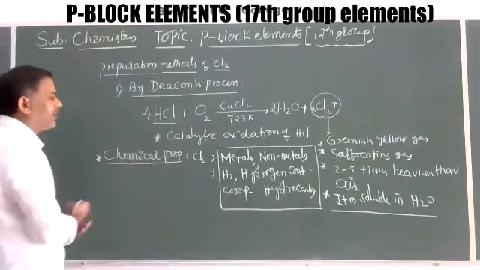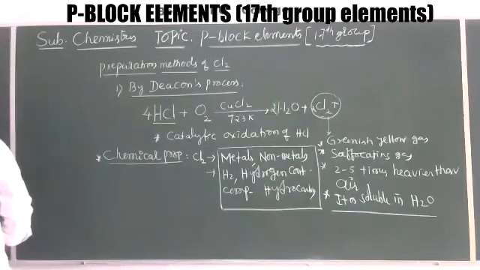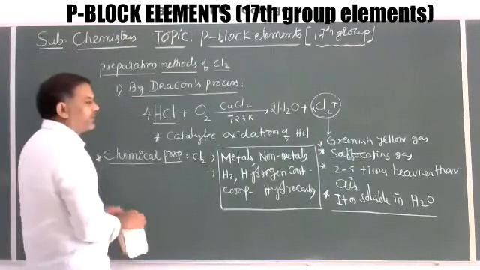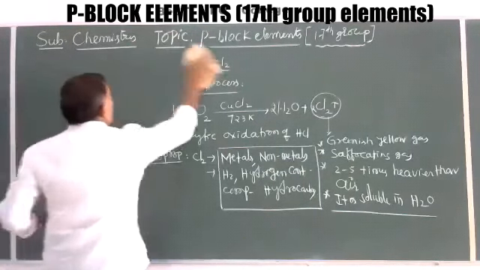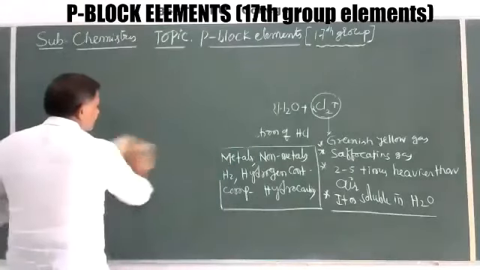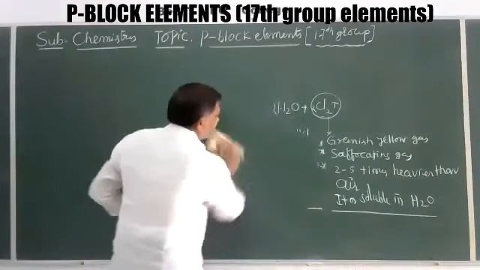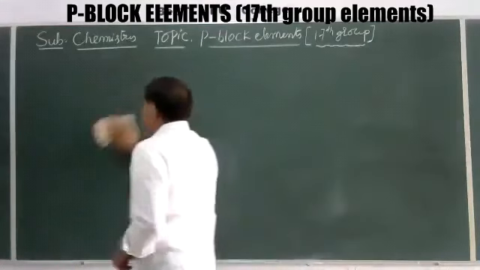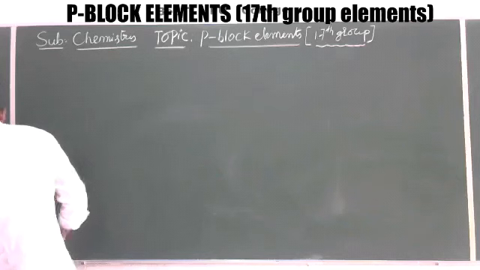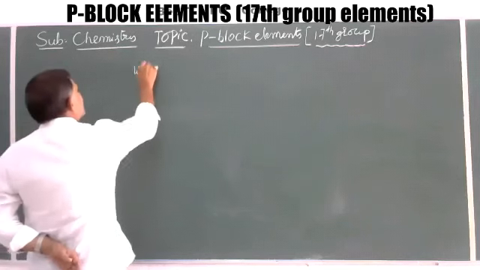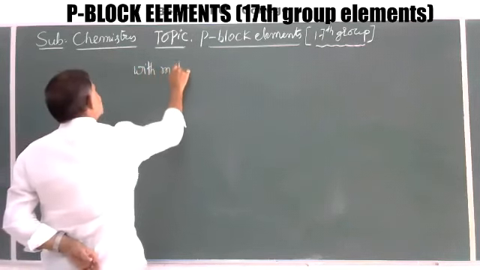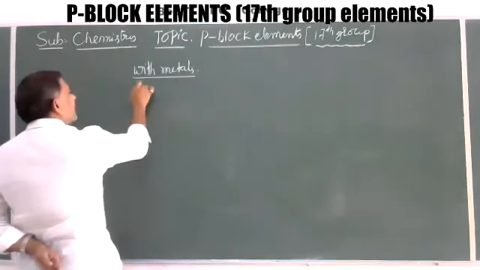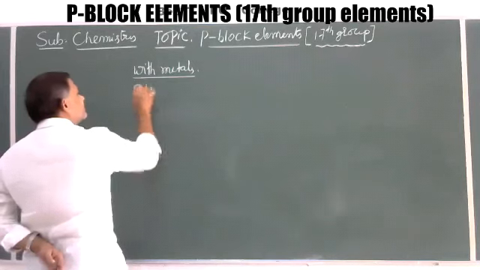Okay, the chemical properties of chlorine. First one is with metals. Here metals means alkali metals, take sodium.